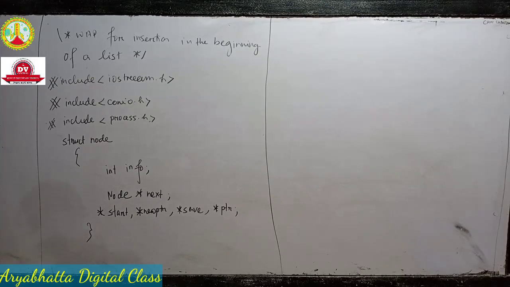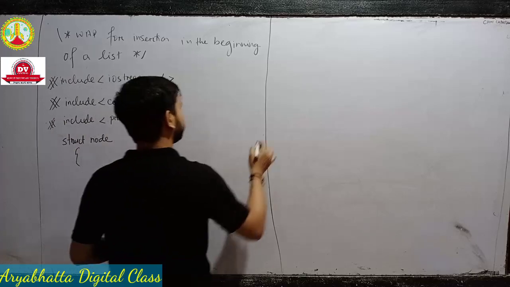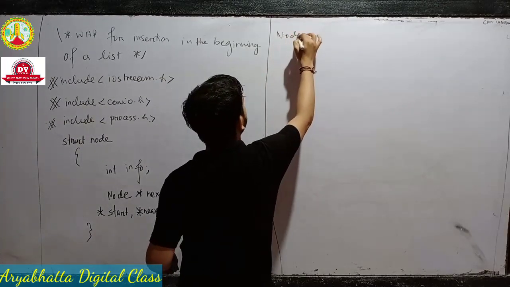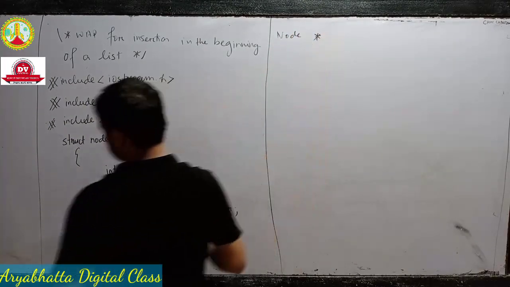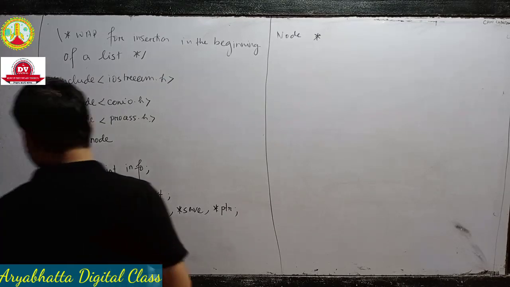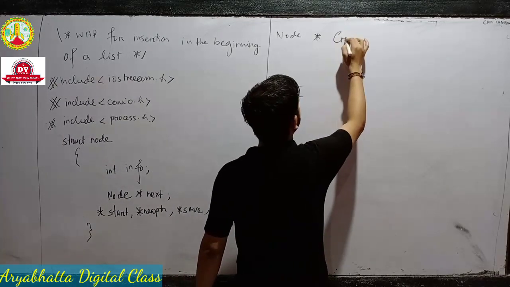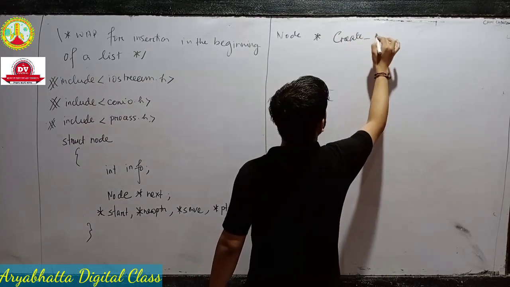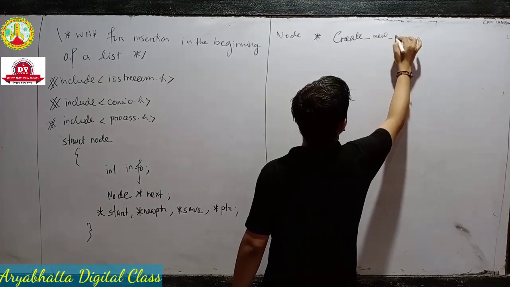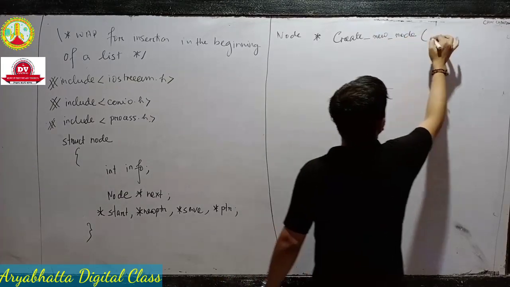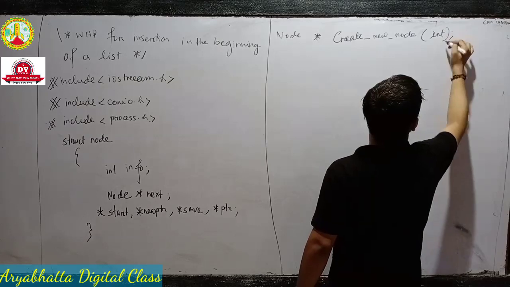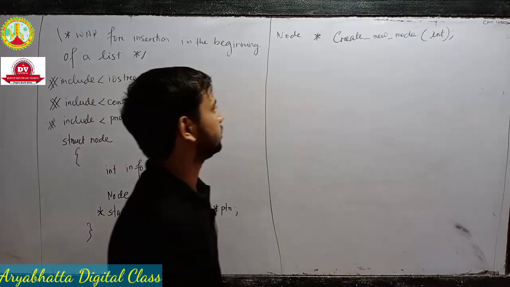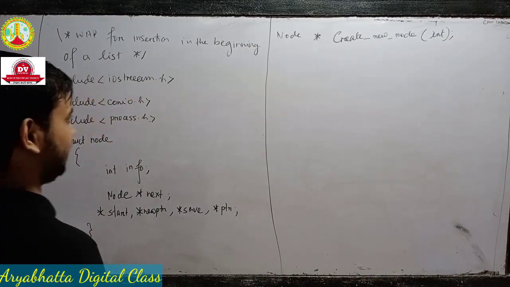Now we create a node: create_new_node, argument is int, meaning the item is int.